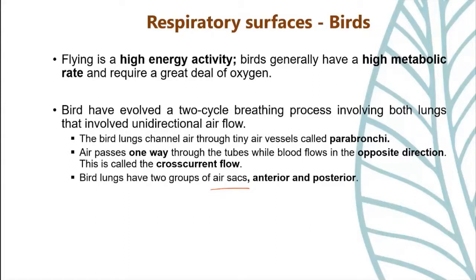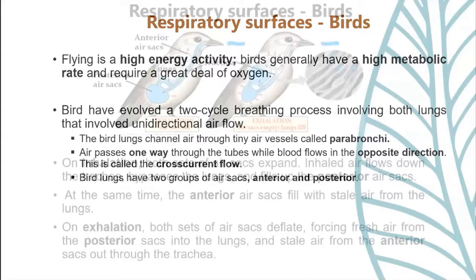Anterior depan, posterior belakang. Okay, so the function of this air sac is to store fresh air in the posterior and also stale air, udara yang dah digunakan, dalam anterior. Okay, untuk sementara waktu. Right.